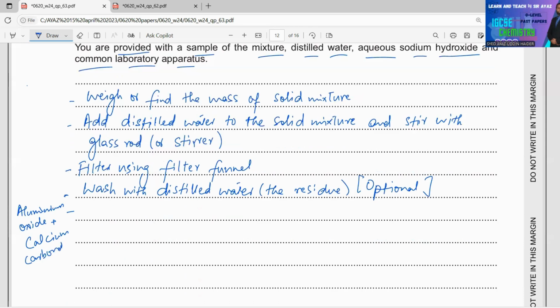So I will add excess sodium hydroxide to the residue so that it will react with aluminum oxide. And we need to stir again in order to mix the content.